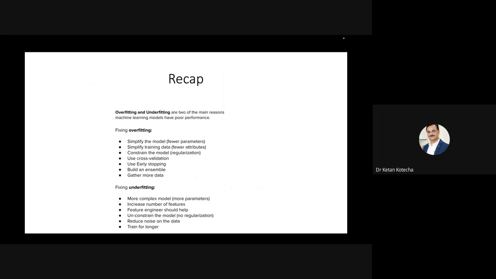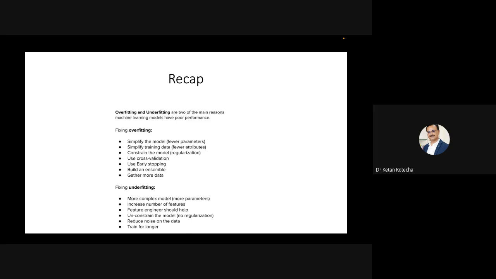So the recap and learning for the last 1.5 hours is how to reduce overfitting using different methods: simplifying the model, using regularization by default, which is the easiest way, doing cross validation, early stopping, ensembling, or collecting more data, which is always one way, but always the costliest way.